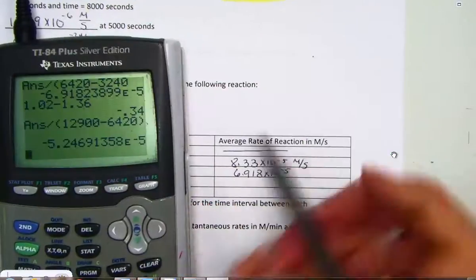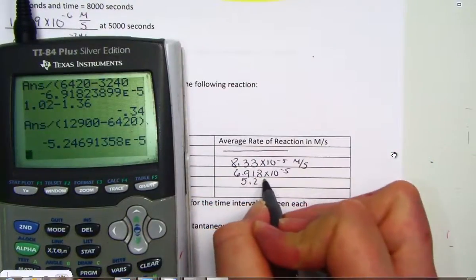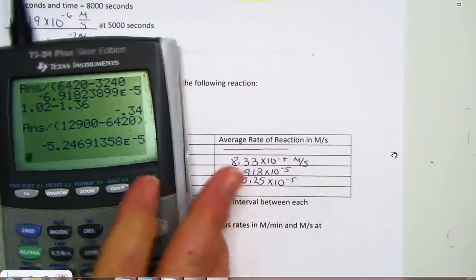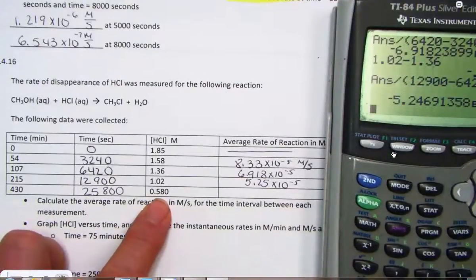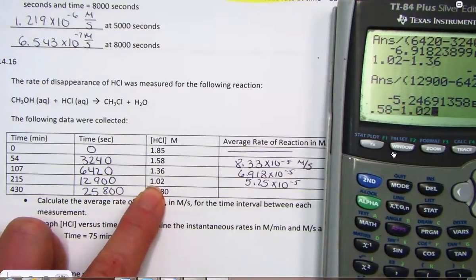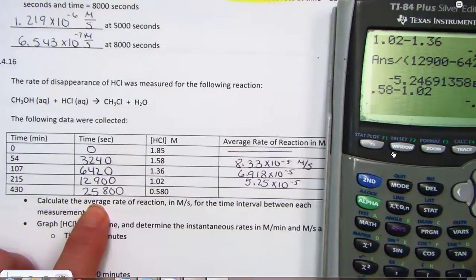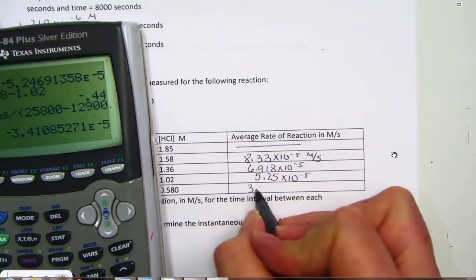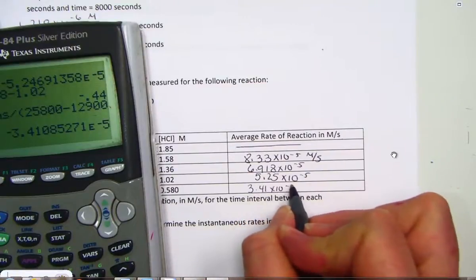And now I have a rate here of 5.25 times 10 to the negative 5th. And one more, we'll fill this out, the last line, 0.58 minus 1.02 over the time interval, 25,800 and 12,900. And now the rate is given to me as 3.41 times 10 to the negative 5th, all molar per second units.